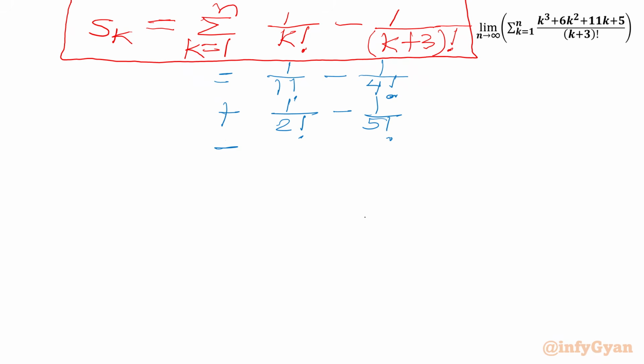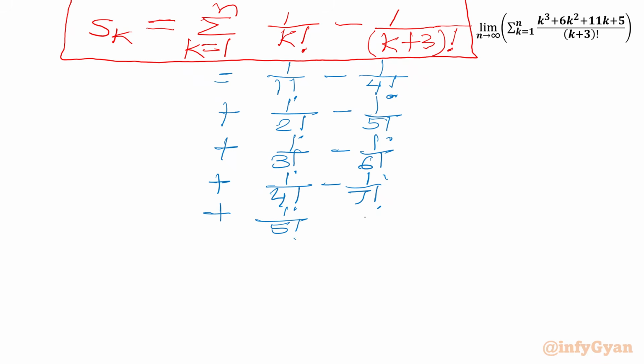By putting k equal to 3, we will write 1 over 3 factorial minus 1 over 6 factorial. By putting k equal to 4, we will write 1 over 4 factorial minus 1 over 7 factorial. Now if I write another value, k equal to 5, 1 over 5 factorial minus 1 over 8 factorial.